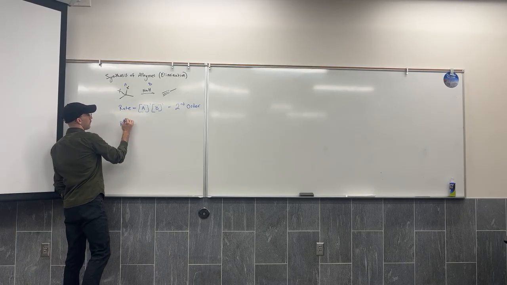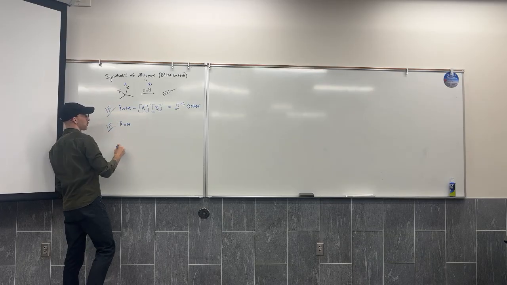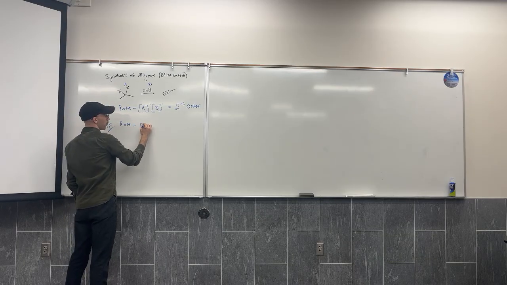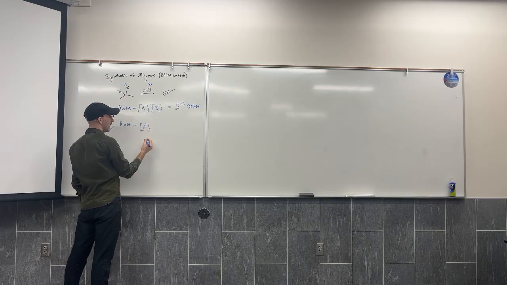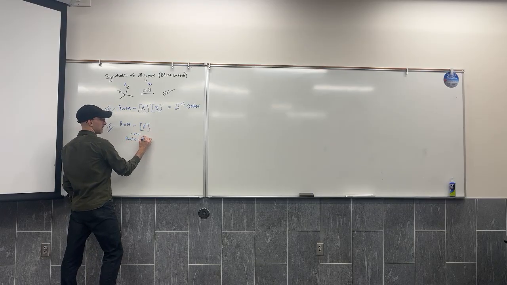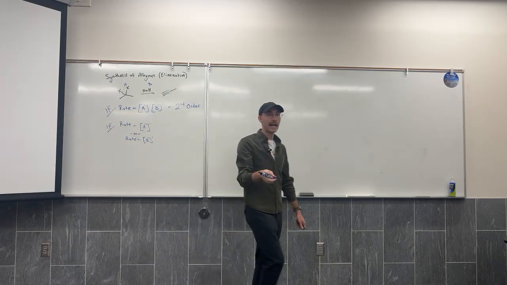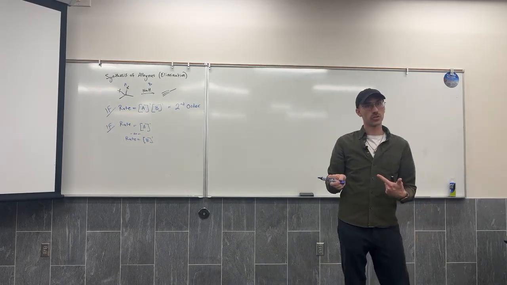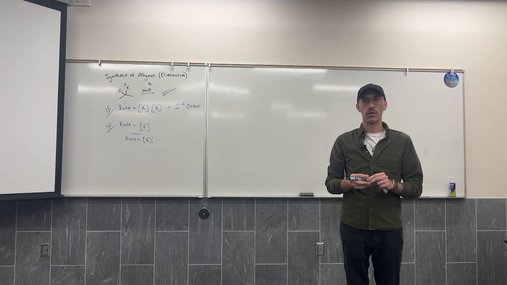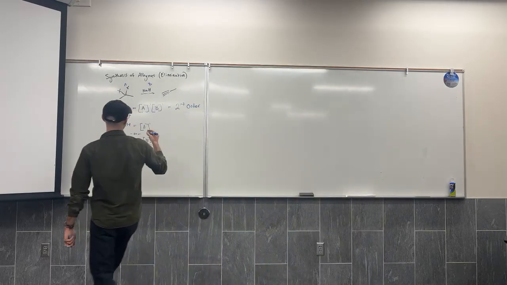If, and I should say that these are ifs we're starting with, if the rate of the reaction is equal to the concentration of A, or the rate of the reaction is equal to the concentration of B, but not equal to the concentration of both. Or another way of saying this, I think I'm missing k.